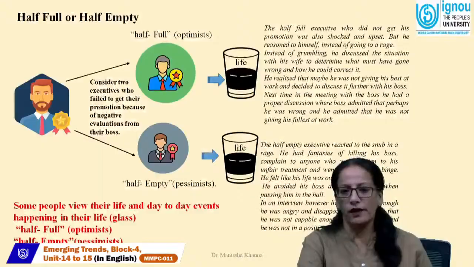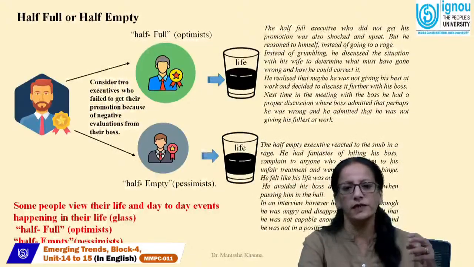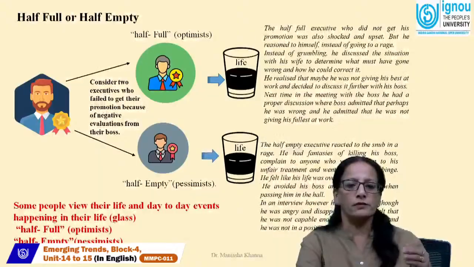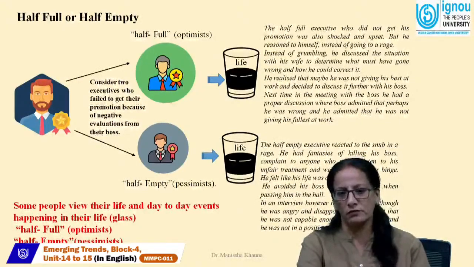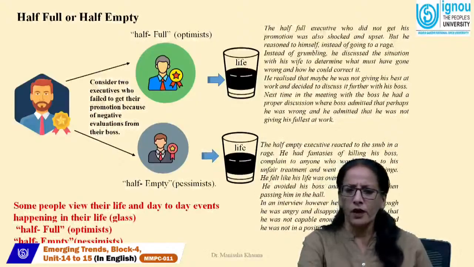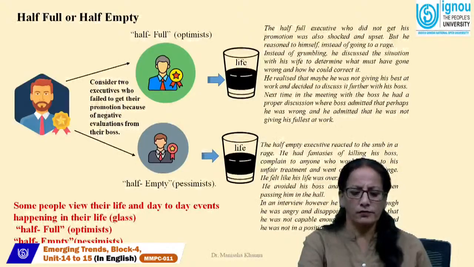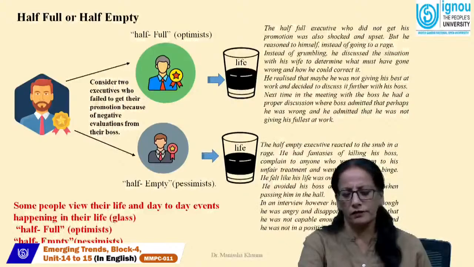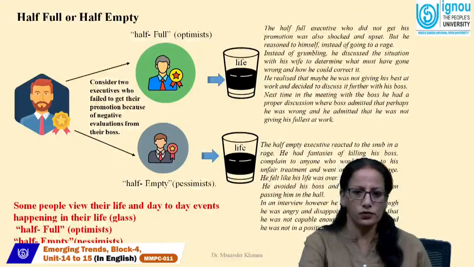He had fantasies of killing his boss and complained to anyone who would listen about his unfair treatment, because he saw it as an unfair decision taken against him. He went out drinking and binging, and he felt that his life was over.